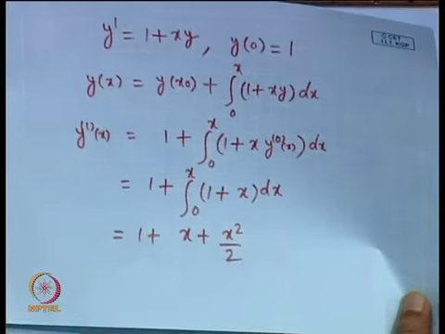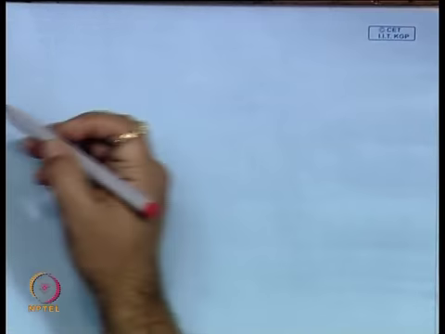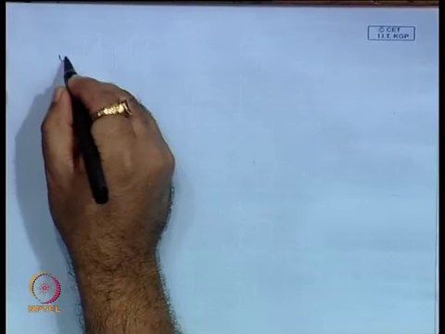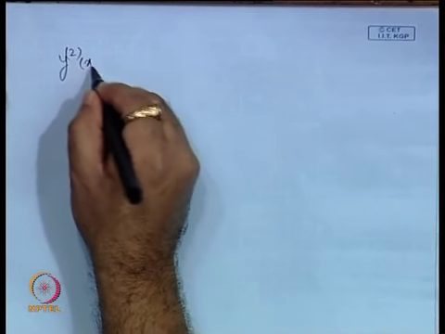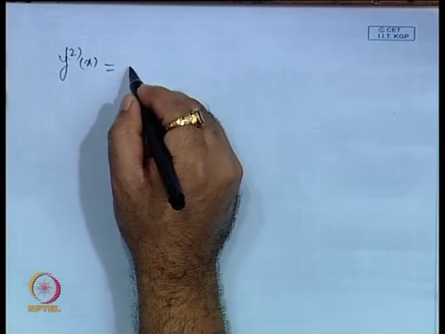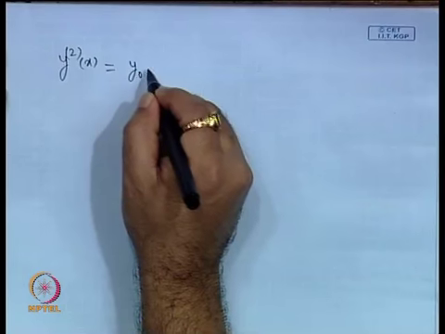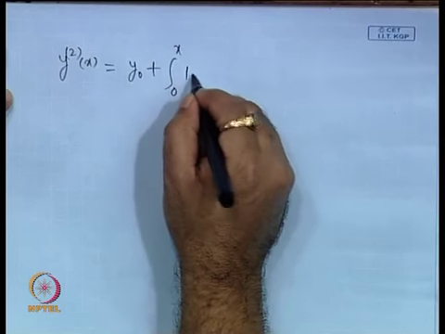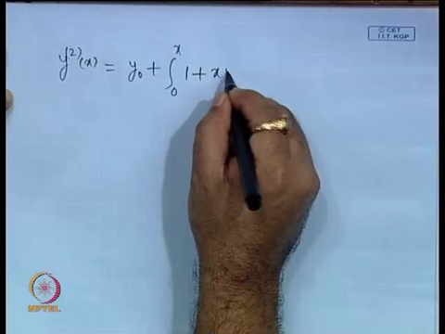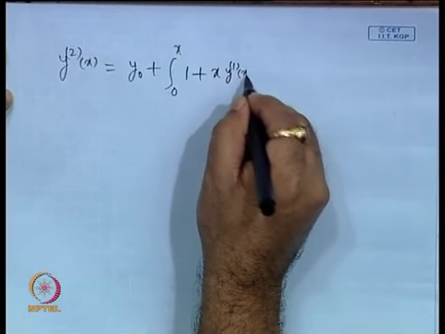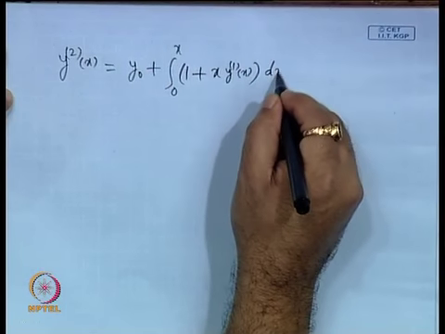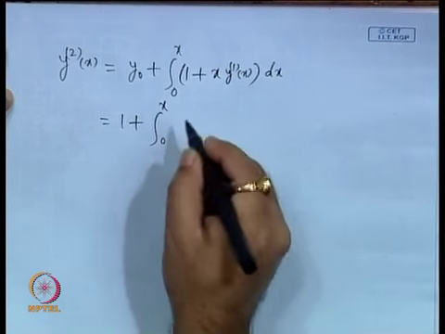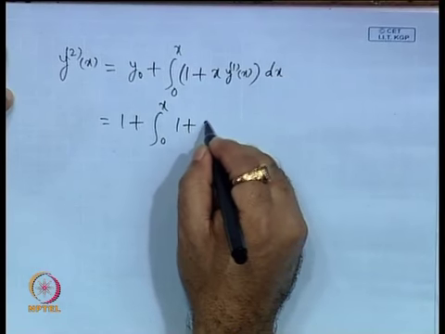So, now we would improve upon this. Okay. So, how do we improve upon this? So, now y 2 is y 0 plus integral of 1 plus x y 1 of x. Okay. So, this is 1 plus integral of 1 plus x times y 1.